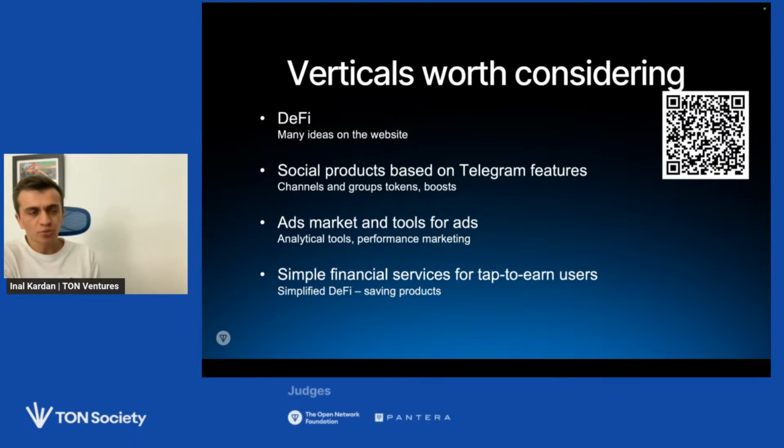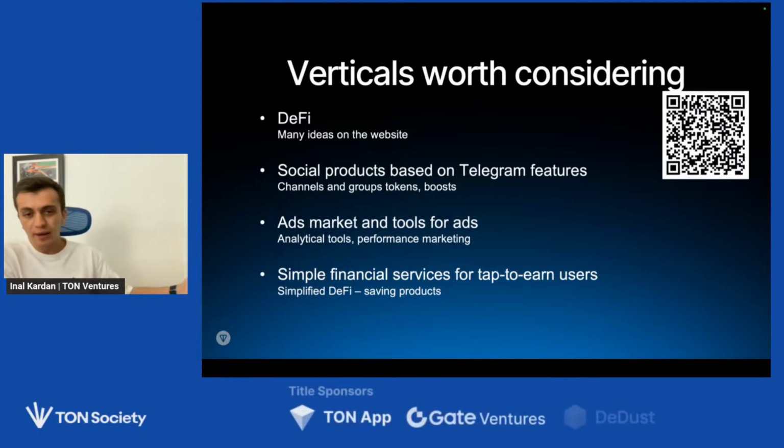So people who play tap-to-earn games maybe do not want to think a lot about all the complications of blockchain, all these transactions, etc. but they can be open to, I don't know, putting $200 that they earned from Notcoin, Hamster, and Cat Design into a savings account, which will give them 5% per year, 5% APY. And if it's in a gamified or simplified way, this is great.